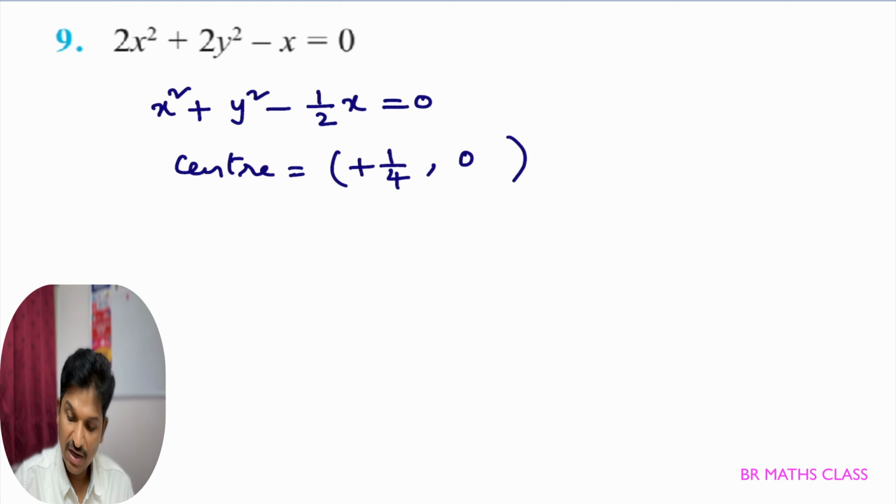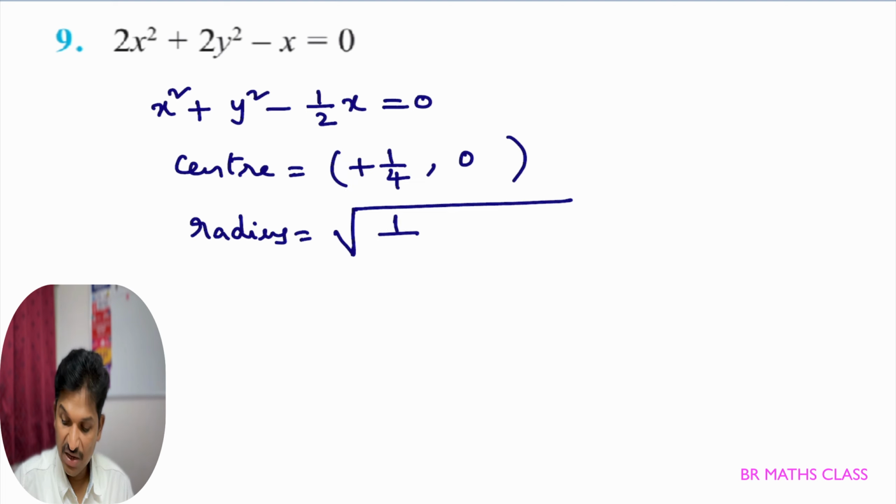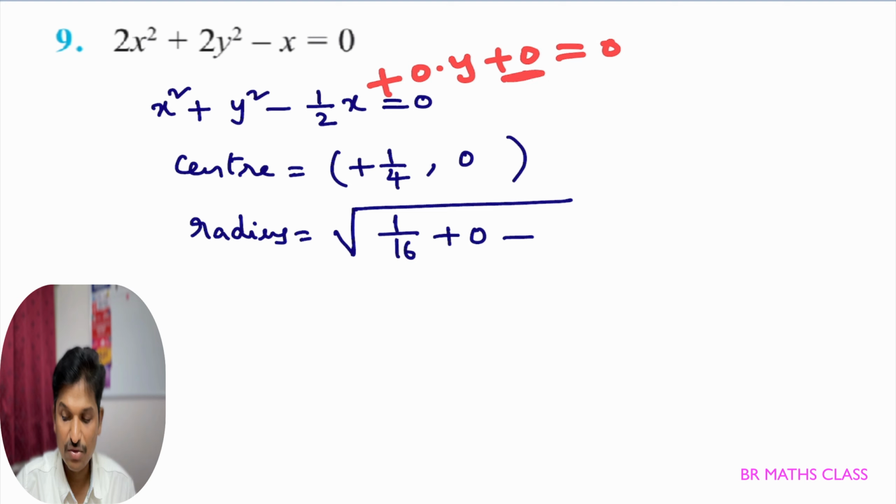Now I need to find radius. Radius, what is the formula? Root over g square plus f square minus c. This is minus g. Square it, you will get g square, 1 by 16, plus square this, you will get f square minus c. Here c is not given, constant is not there here. So that means this can be further written as 0 into y plus 0 equal to 0. So c value is what? c value is 0.